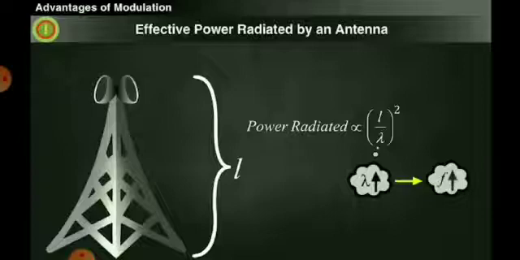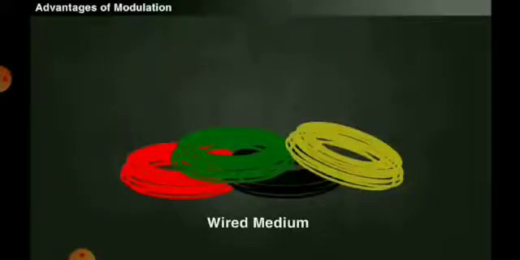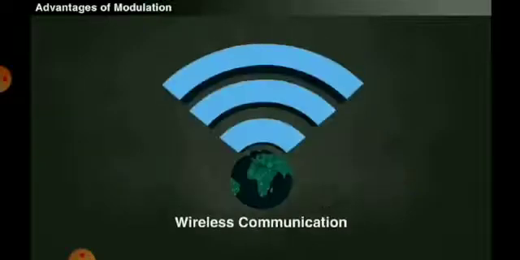By using high frequency transmission, we can achieve high power radiation without changing antenna height. Modulation helps us to replace wire medium with wireless medium communication. Also, we can achieve a high range of communication by using modulation.